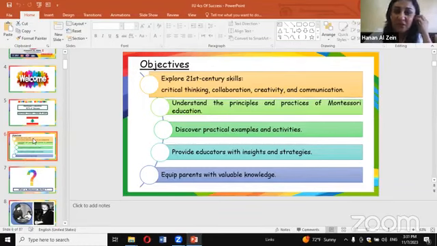At the beginning, of course, we will be finding out what the Montessori method is, and why we are gathering here, to know more about this approach and this philosophy, to explore the skills that lie behind it, especially the 21st century skills, and understand most of the principles that lie behind such education.